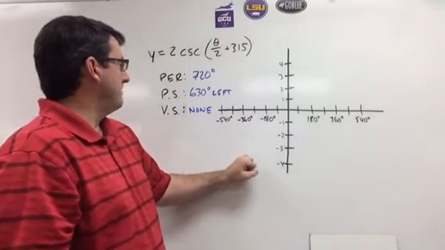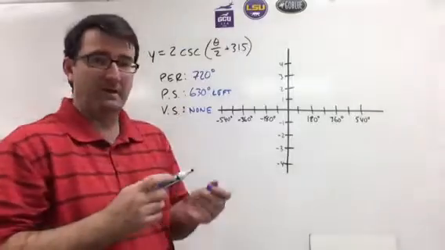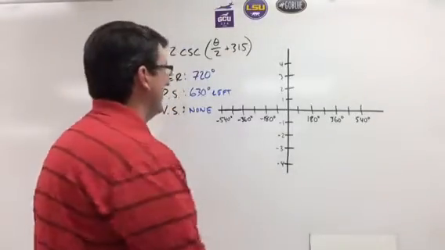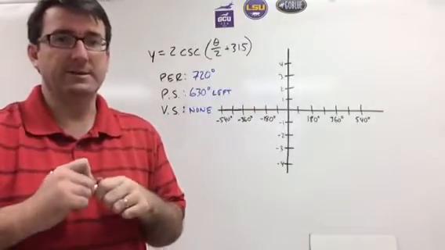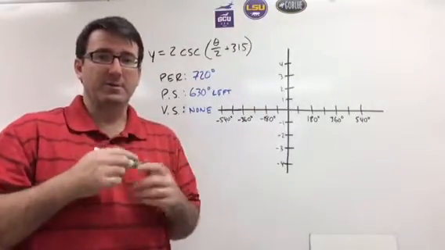All right, so what I've found is the easiest way to graph these cosecant and secant functions is to first graph the reciprocal function.